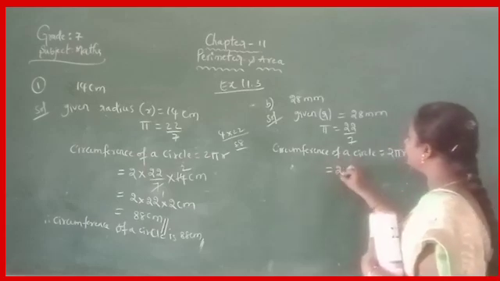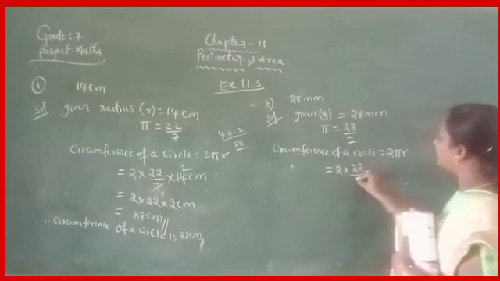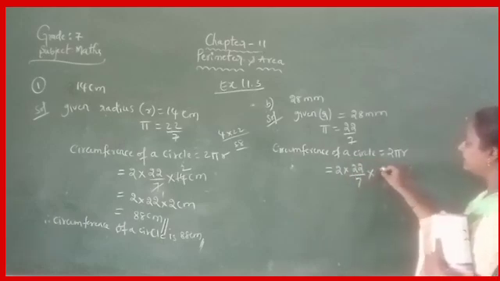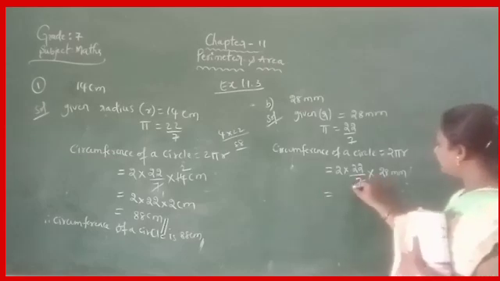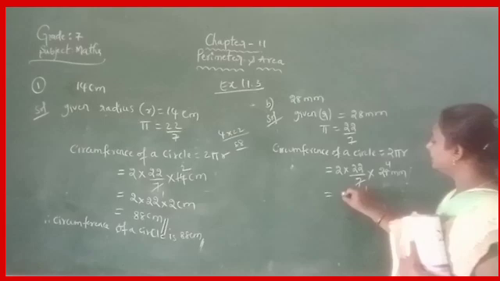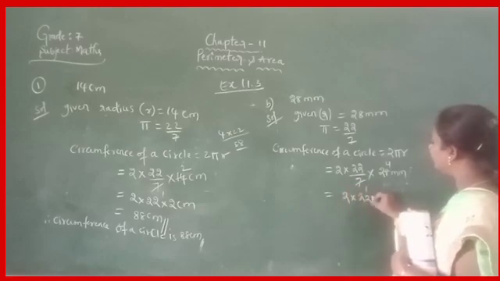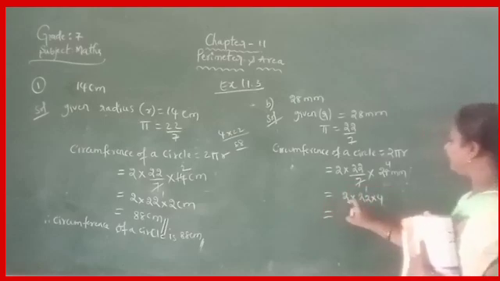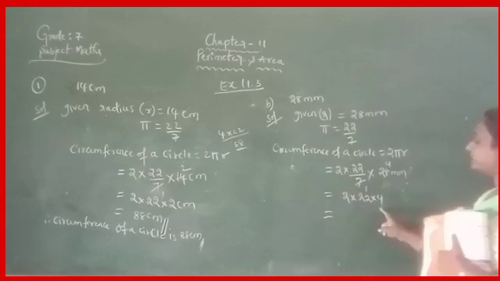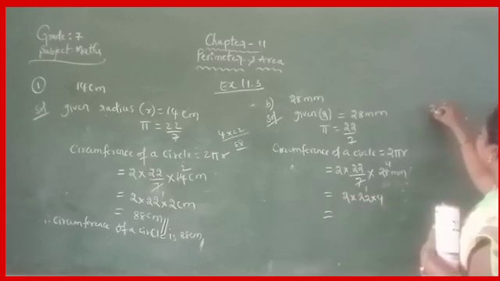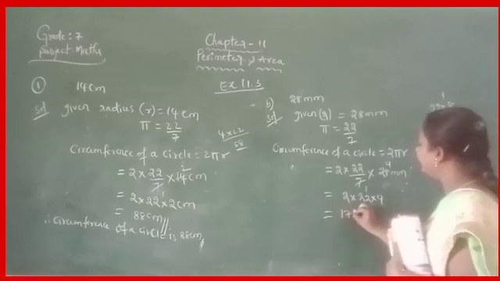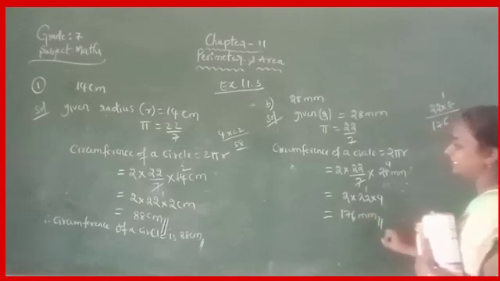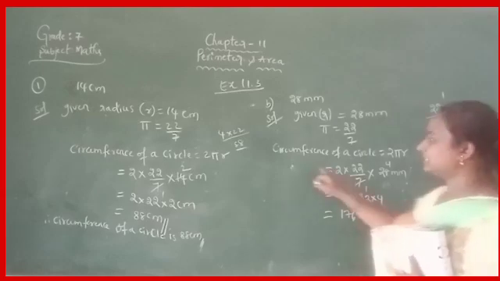Substitute the values. 2 into pi value 22/7 into radius 28 millimeters. Now simplify, 7 ones, 7 fours. Then 2 into 22 into 4. First, single digits multiply. 2 into 4 is 8. 22 into 8: 8 twos 16, 8 twos 16 plus 1 is 17. 176 millimeters is the circumference of the circle.